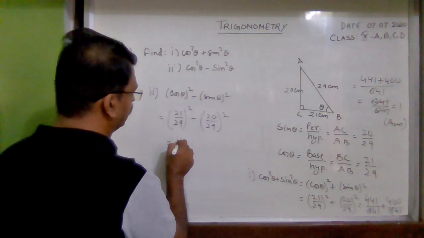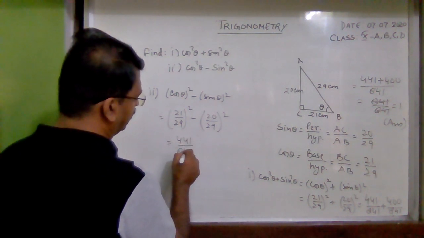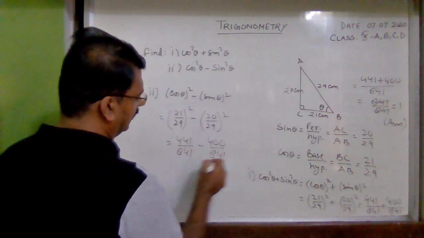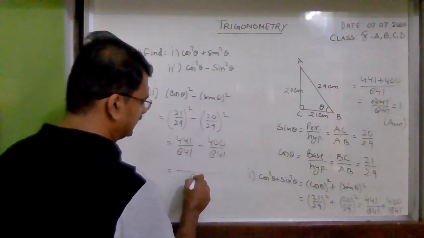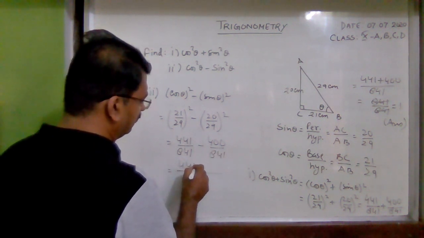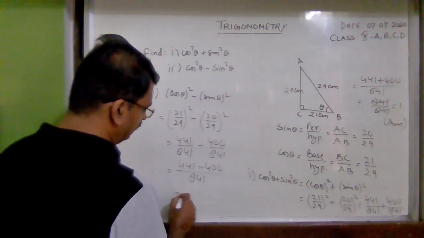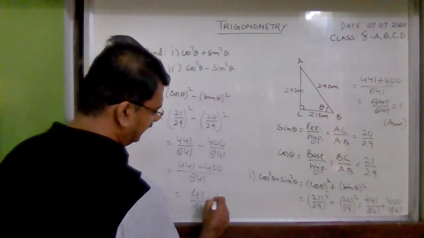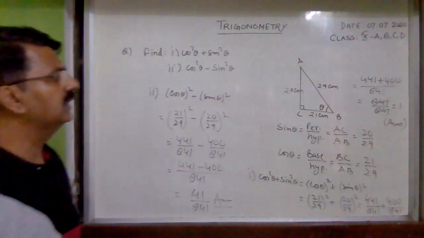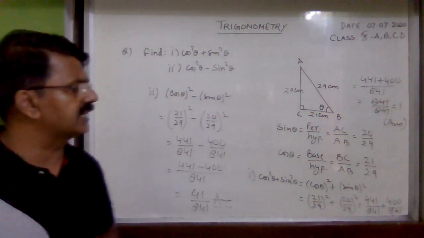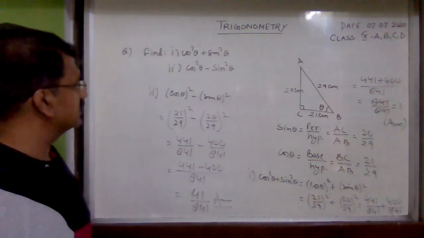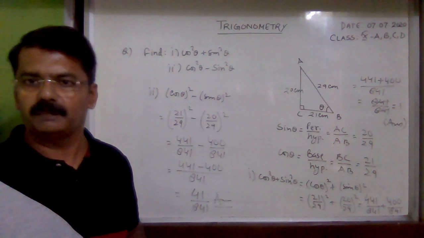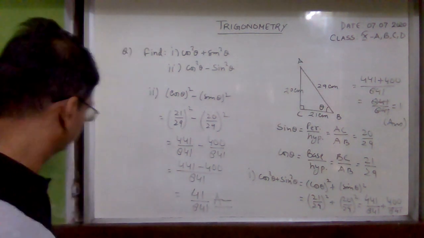Now 441 upon 841 minus 400 upon 841. Take 841 LCM. So 441 minus 400, which is nothing but 41. So 41 upon 841, that is your answer. So we have found that cos square theta plus sine square theta is 1 and cos square theta minus sine square theta will be 41 upon 841. Clear? Okay.